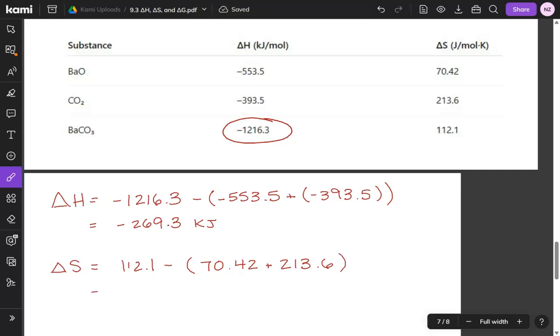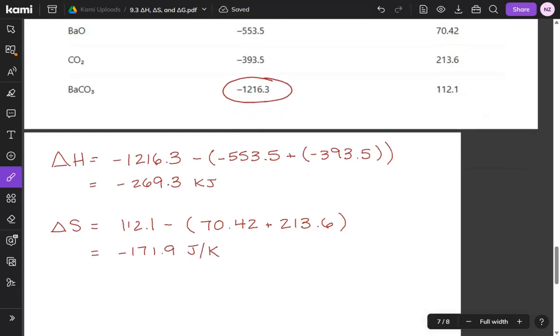When I plug this into my calculator, I get negative 171.9 joules per Kelvin. Now here we want to convert this to kilojoules, so we're going to divide by 1,000. So here we would have negative 0.1719 kilojoules per Kelvin.